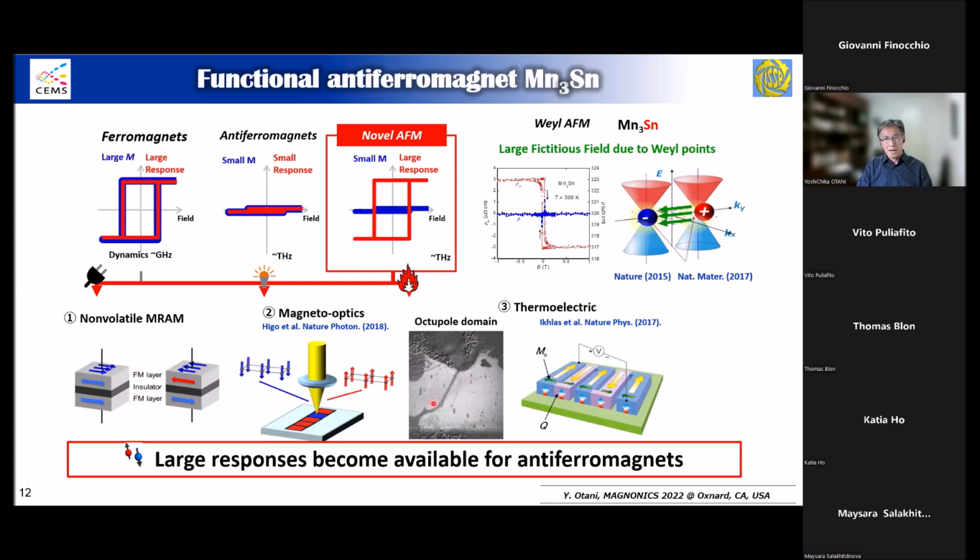As you can see, we can observe this kind of domain evolution by optical means easily. Also, some electric response was already demonstrated by one of the students at the University of Tokyo, using this kind of structure. That's why we can say that large responses become available for antiferromagnets.